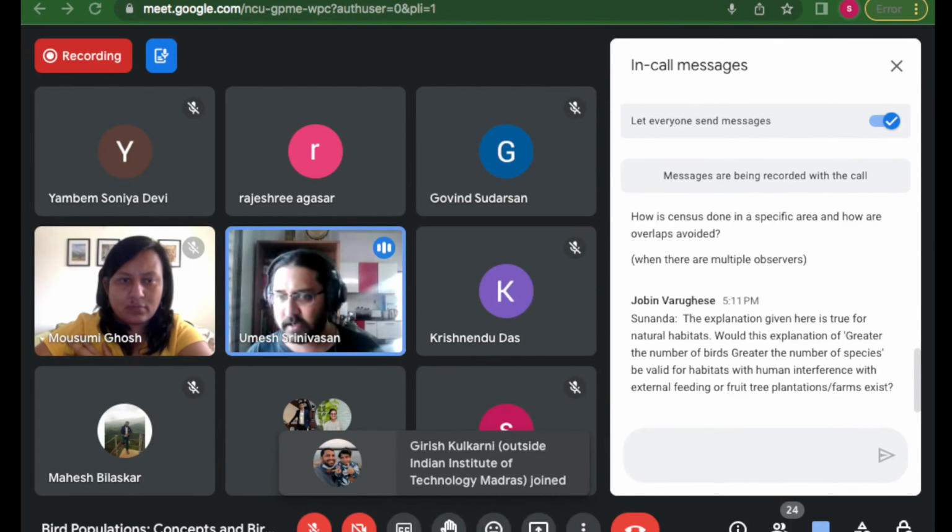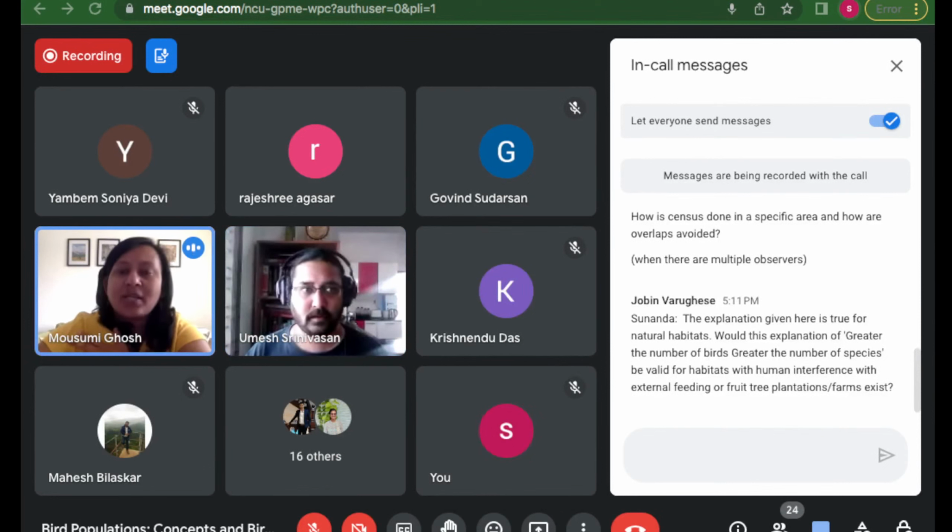How is the census done in a specific area, and how are overlaps avoided when there are multiple observers? I think you'll be teaching census methods in next week's lectures. Oh, that's next week's session, right? Yes, census and sampling will come up in next week's session.